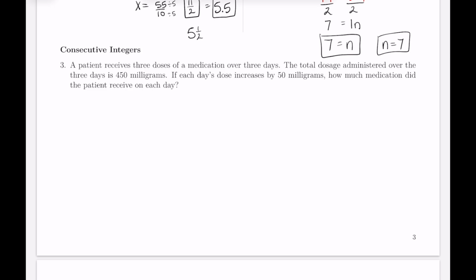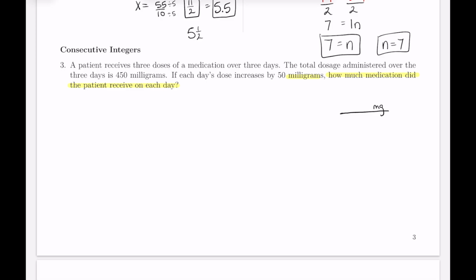Okay, so when we look at this problem, the actual question is how much medication did the patient receive each day? Our answer is going to be some amount of medication, and I notice that it's in milligrams, so my answer is going to be some number of milligrams of medicine.